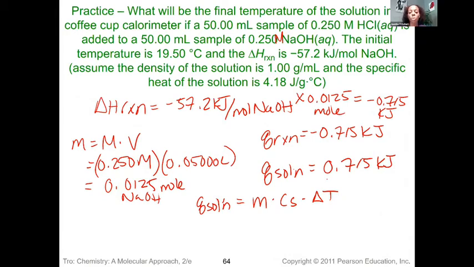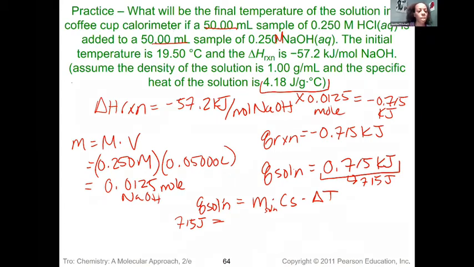Now we want to make sure that when we plug in, we're plugging in the proper value. Notice that our heat of solution is in kilojoules. However, our specific heat is in joules. So we'll want to convert this to joules before we plug it in. So that'd be 715 joules. So now we can say 715 joules is equal to, again, when we talk about this mass of solution, that's going to come from the fact that the solution volume is 100 milliliters.